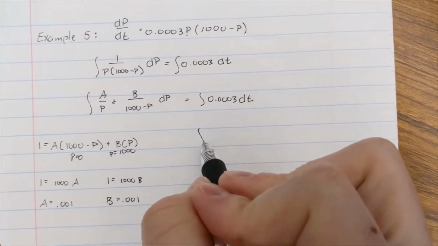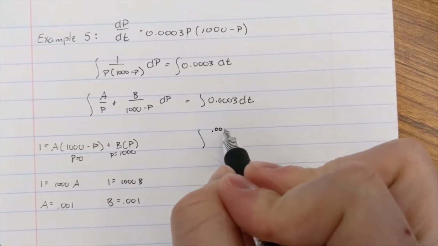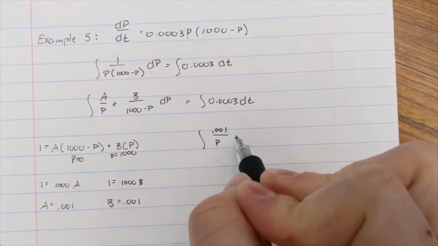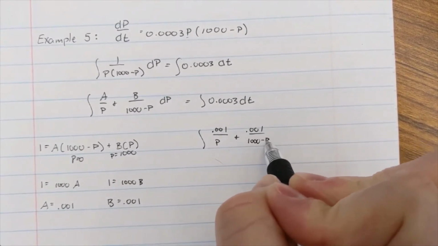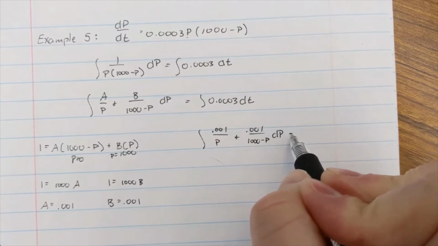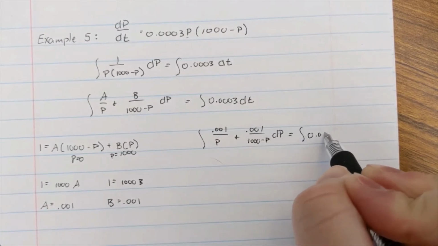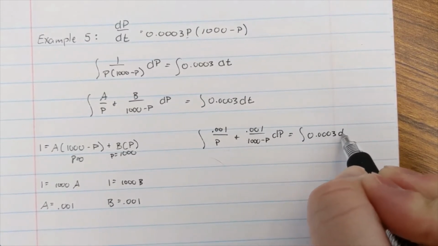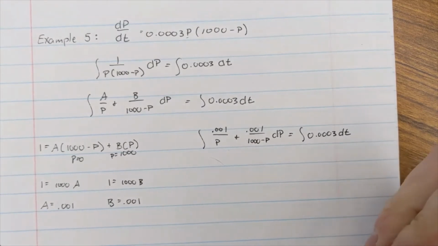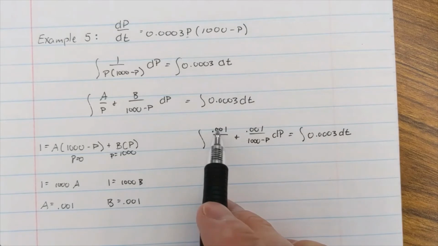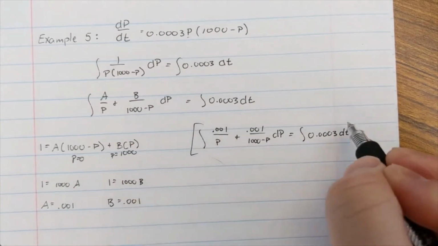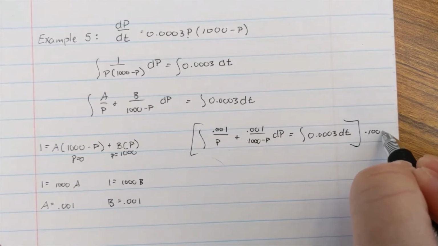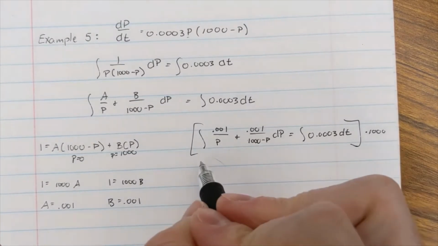So this becomes the antiderivative of 0.001 over P plus 0.001 over 1,000 minus P dP equals the antiderivative of 0.003 dt. All right, so I'm going to do an extra step to make my math a little bit easier. This is 1/1000th, and I've got these small decimals, so I'm actually going to take everybody times 1,000 to make these numbers a little bit easier.